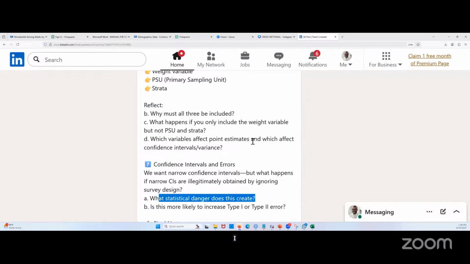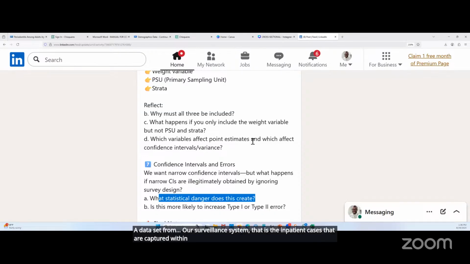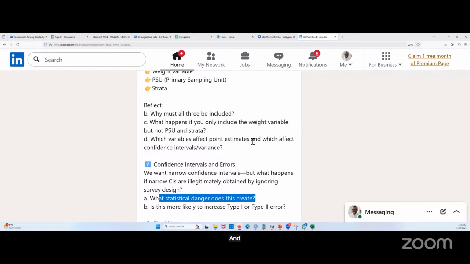I did a study looking at drivers of mortality using a data set from our surveillance system. That is the inpatient cases that are captured within a region. As we mentioned, I used the survey design, with the PSU and the stratification to account for clustering within the facility.